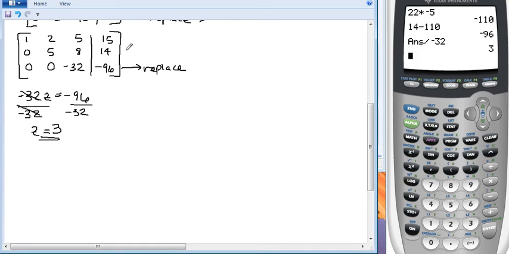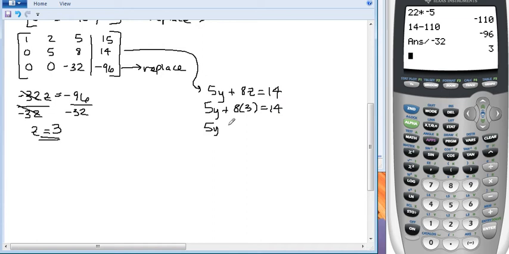Now I go into this row. I have to work from the bottom row up, and I'm going to translate this one. All right? I've got 5Y's plus 8Z's is equal to 14. You see that? That's what that says. Well, Z, I know, is 3 because I just figured that out over here. Plus 8 times 3 gives me 14.